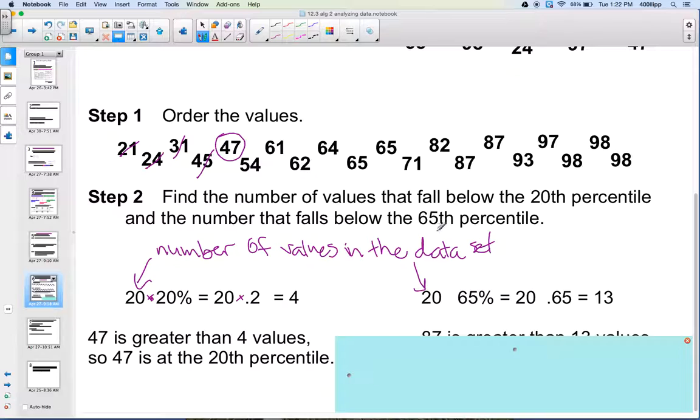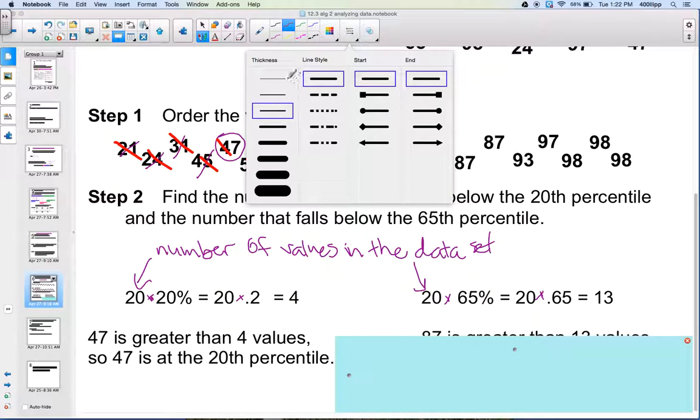For the 65th percentile, we're going to take 20, because that's how many values we have in this set. 20 times 65%. 65% is the same as 0.65, and 20 times 0.65 is 13. So again, starting from the beginning, we're going to have 13 numbers below. We'll count that out: 1, 2, 3, 4, 5, 6, 7, 8, 9, 10, 11, 12, 13 numbers.